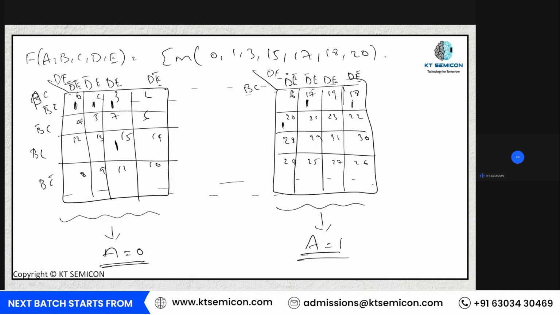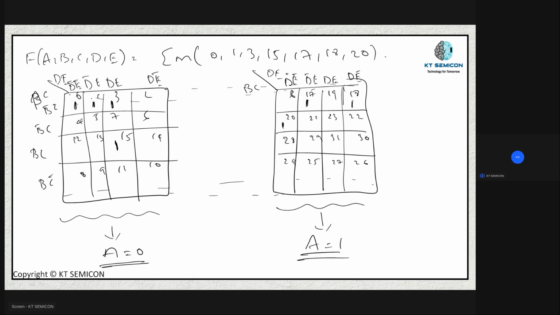Okay. Now, if I want to make grouping, how do I make this grouping? I can see over here, this term and this term are adjacent to each other, because, as I told you, assume one K-map placed on another K-map like this.